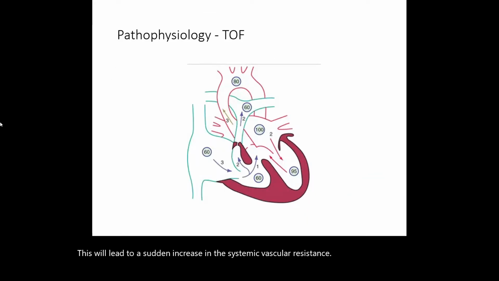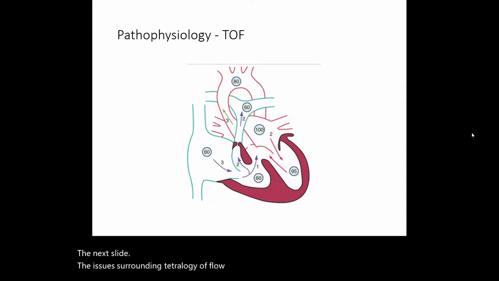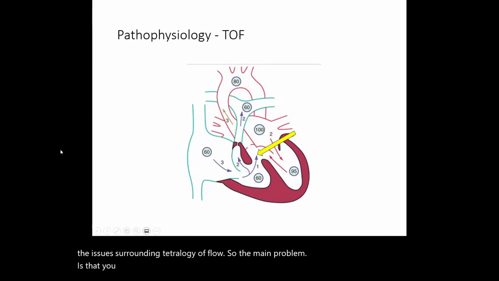The next slide highlights the issues surrounding tetralogy of Fallot. So the main problem is that you have an anterior deviation of the outlet septum.